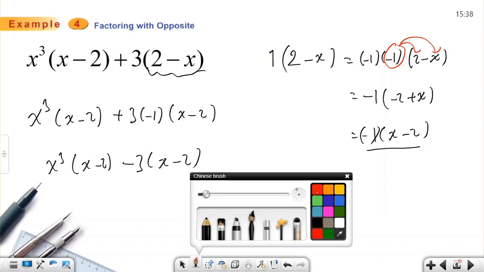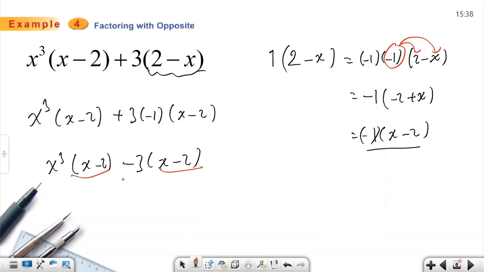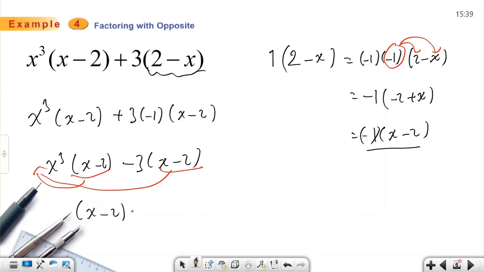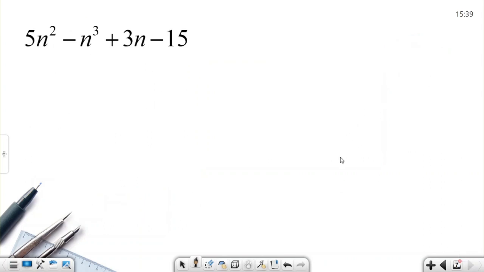Now you can factorize that. Why? We have x minus 2 here, x minus 2 here. When you factorize it, let's take x minus 2 out of this algebraic expression. So what is left? X cubed and negative 3. So x minus 2 multiplied by x cubed minus 3. That's how we factorize by opposite.